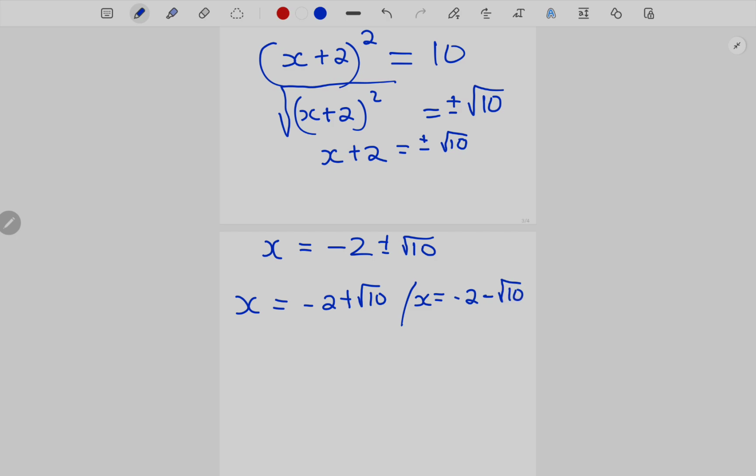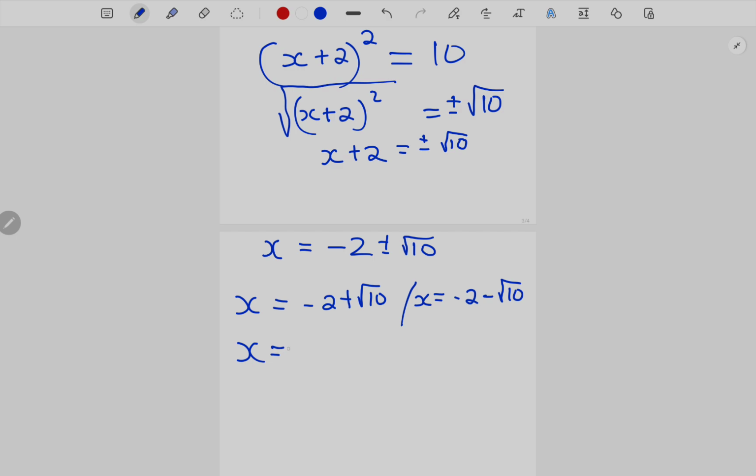Okay, so now we need to simplify our equation and put our answers in decimal form, rounded off to 3 decimal places.